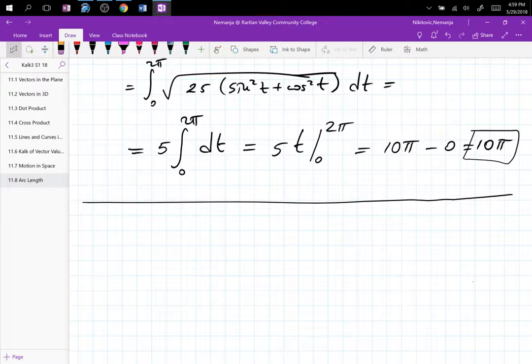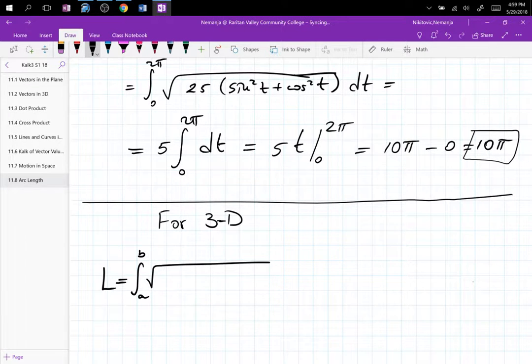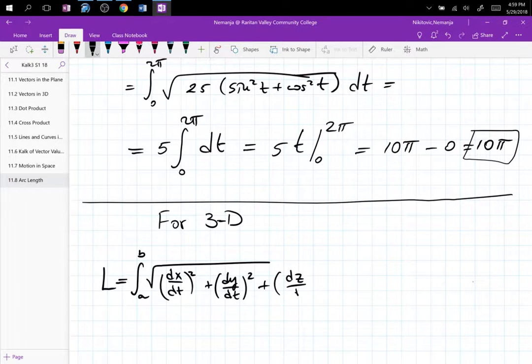So for 3D, this formula for arc length looks like this: integral a to b of the square root of (dx/dt) squared plus (dy/dt) squared plus (dz/dt) squared. As I said, you can put as many of these as you need.